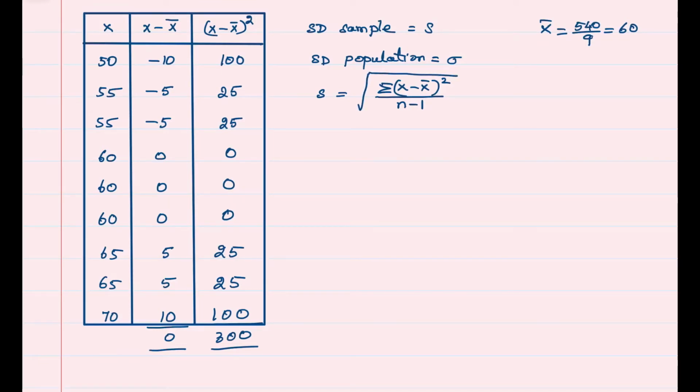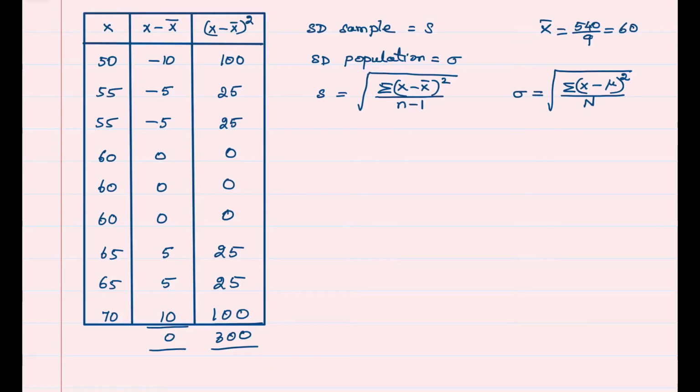This is the formula to calculate the standard deviation of the sample. Whereas the formula to calculate the standard deviation of the population is the square root of the sum of x minus mu, where mu is the mean of the population, whole squared, divided by n. Here we divide by the number of observations, whereas for the sample we divide by n minus 1, to reduce the error in the calculation of standard deviation of the sample.